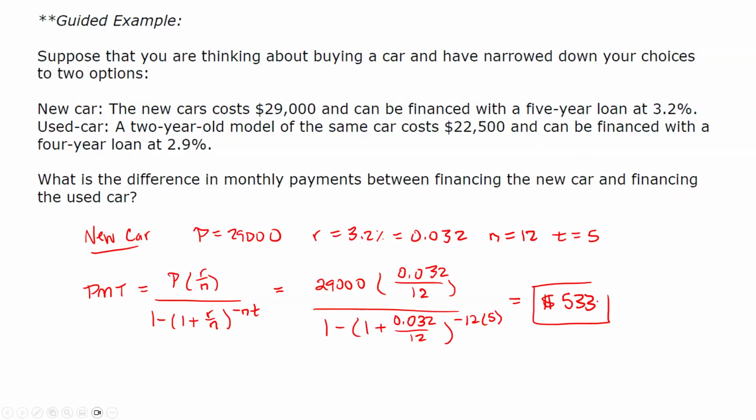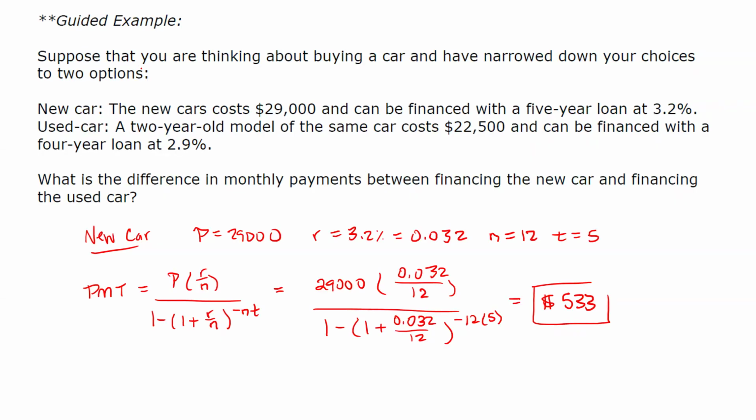So now let's do our used car. It's a 2-year-old model of the same car. It costs $22,500, so that's our P, and it's financed for 4 years, so that's T, at a rate of 2.9%. So P is 22,500.